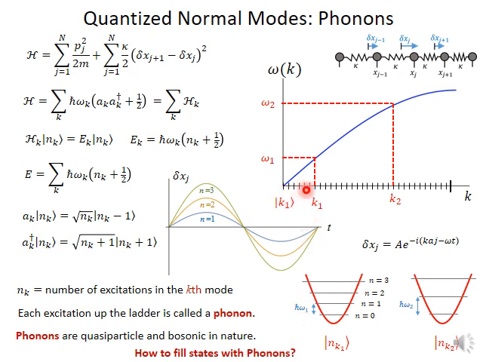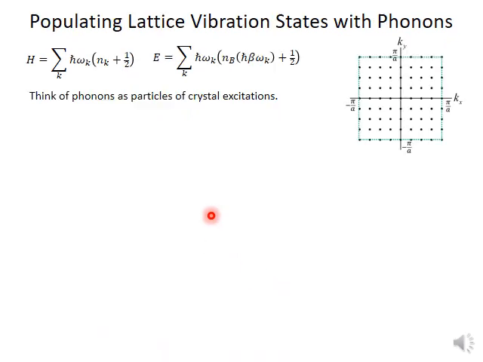Now the question is, let's say you have all these k modes available with their own energies. How would you fill up these k states with these phonons? For example, how would you fill up these low energy k states, and these high energy k states? What is the procedure to do that?